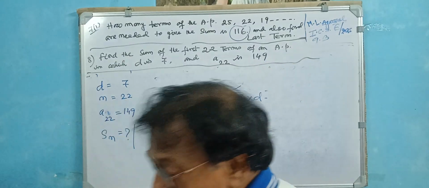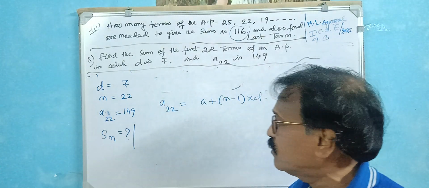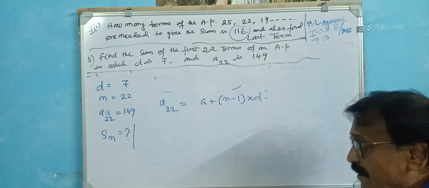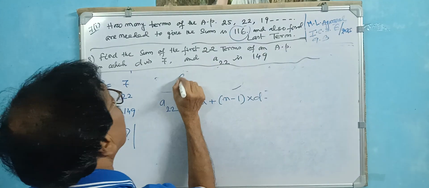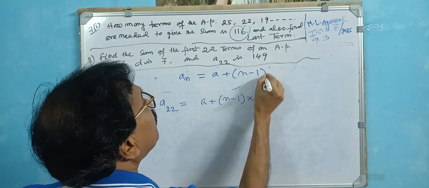Which formula do you apply? This is a very important thing. a22 is given, so a_n is 149. The formula is a_n equals a plus (n minus 1) into d.